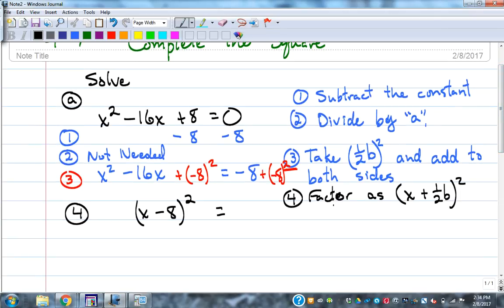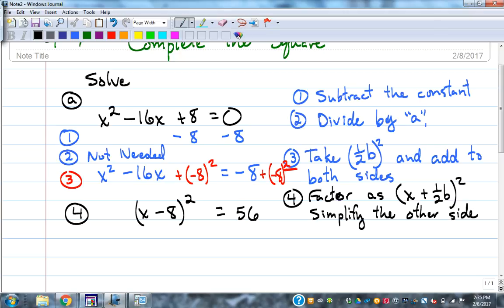And then simplify the other side on that same step. So negative 8 squared is how much? 64, and then 64 plus negative 8 would be 56.